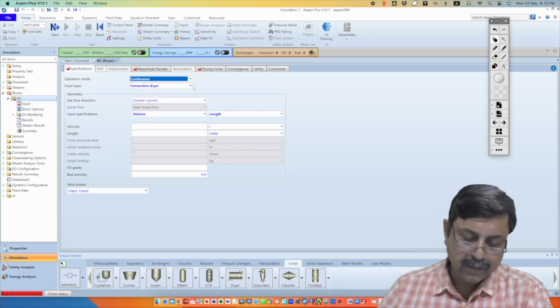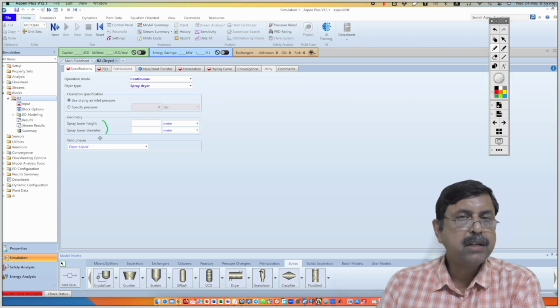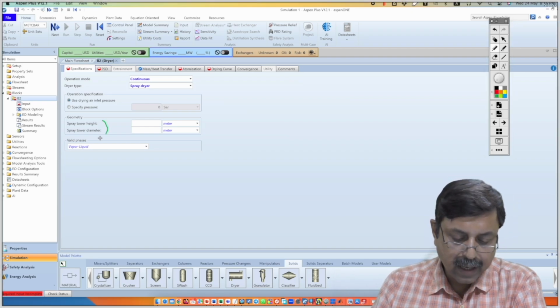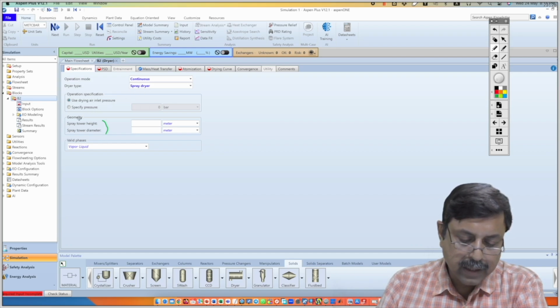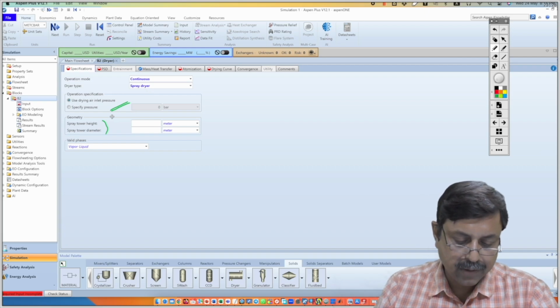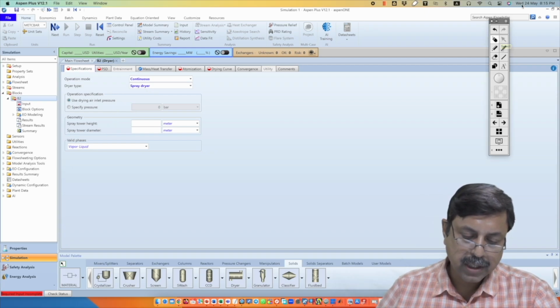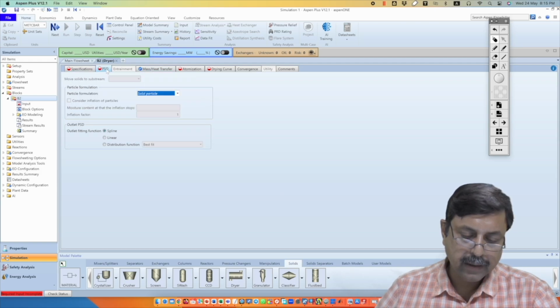Now the next thing is the spray dryer. For the spray dryer, the height and diameter are very important, and also the operation specifications such as pressure, at which pressure the spray is generated. That information has to be given over here. And the next information is particle size distribution.